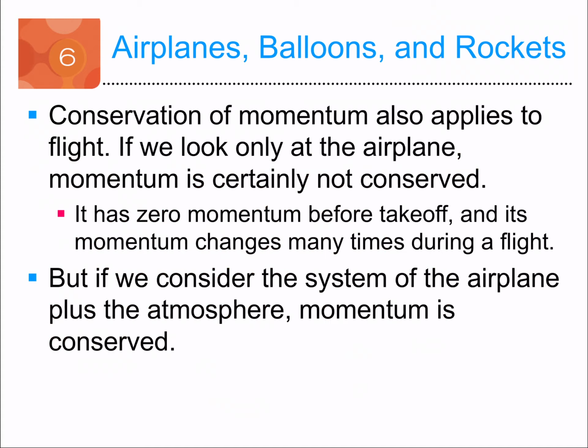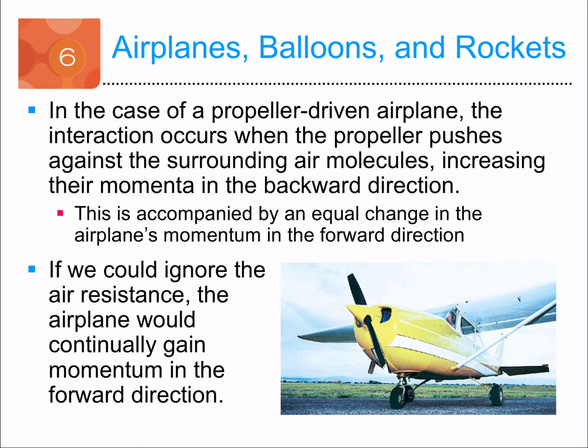But if we consider the system of the airplane plus the atmosphere, the momentum is conserved. With a propeller-driven airplane, the propeller pushes against the surrounding air molecules, increasing their momentum in the backward direction. That is accompanied by an equal change in the airplane's momentum in the forward direction.